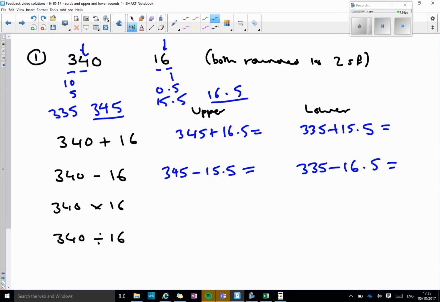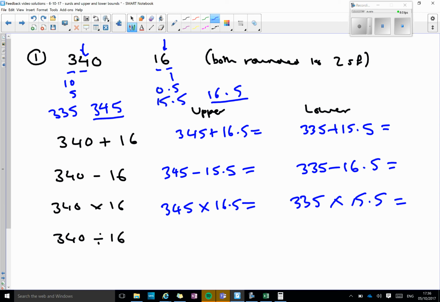For multiplication, it would be very similar to addition. I want to take the two bigger numbers and multiply them, and for the lower bound, I want to take the two smaller numbers and multiply them. And then division works very much like subtraction.